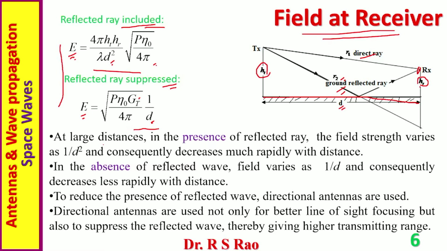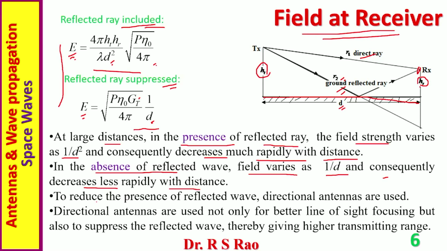A few points of explanation. At large distances, in the presence of reflected ray, the field strength varies as 1 by d square and consequently decreases much rapidly with the distance. In the absence of reflected wave, field varies as 1 by d and consequently decreases less rapidly with the distance.